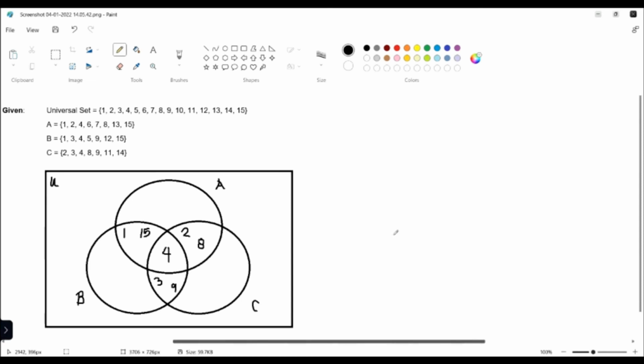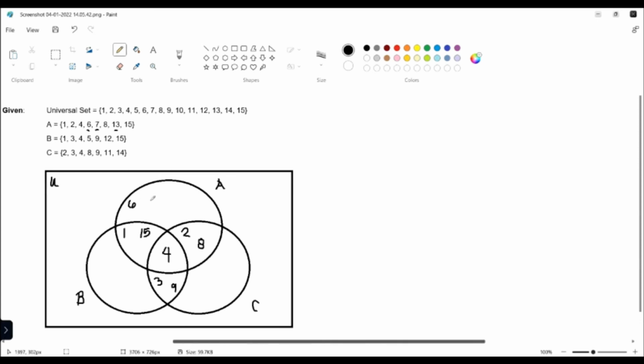And we go now to the unique elements of every set. What are the unique elements of A? 6, 7, 13 po. Okay, 6, 7, and 13.